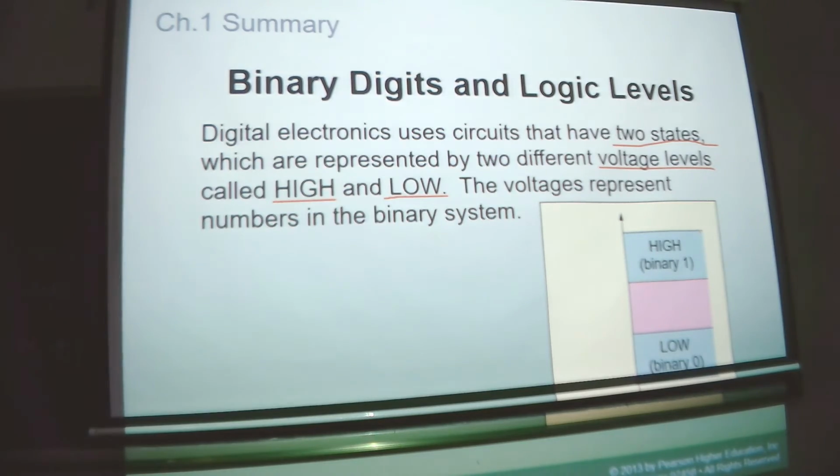The voltages represent numbers in the binary system, such as this figure. If the value of the voltage is between VH min to VH max, we call this value high, and it is used to represent binary number 1.